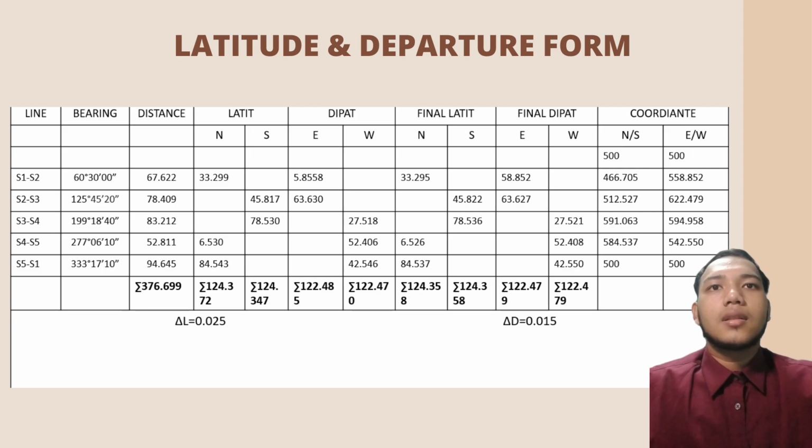Okay, first 500 plus 58.852, and then we got 558.852, and then we plus again 63.627, and then we got 622.479, and then we minus 27.521, we got 594.985, and then we minus again 52.408, we got 542.550, and then we minus 42.550, and then we got the answer is 500.